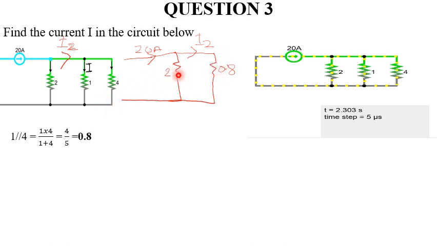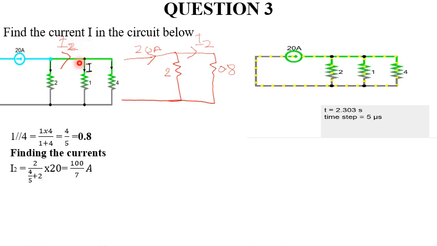So it will become 2 divided by 2 plus 0.8, multiplied by our 20. 0.8 is also known as 4 over 5, so 2 over (4/5 plus 2) times the 20 amps, the total current. Then we get 100 over 7 amp. So we now know the value of I2.